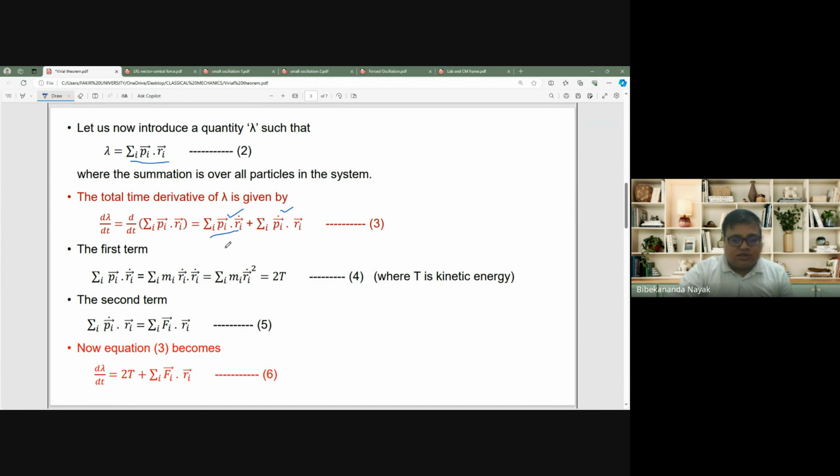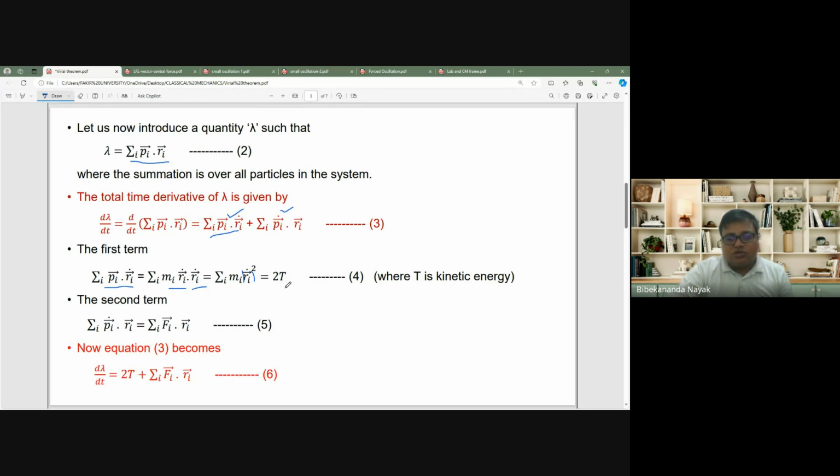So now the first term, pi dot ri dot, if you simplify it, you know pi is momentum, mass into velocity, so it will be mi ri dot, ri dot. So it will be mi mod ri dot squared, since the dot product of a vector with itself, a dot a, equals a squared.